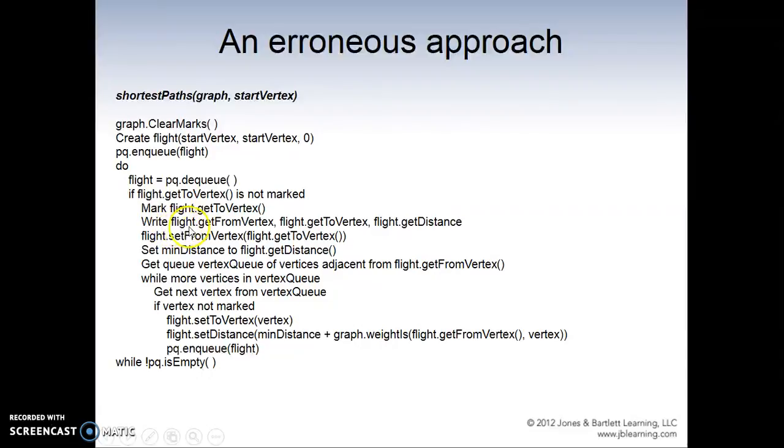We write flight get from vertex, flight get to vertex. So this pretty much just prints Washington to Washington, and the distance is 0. Right, the first row. And then set from vertex and get the neighbors.